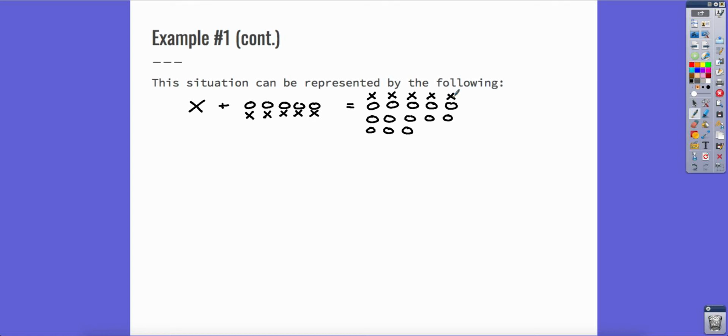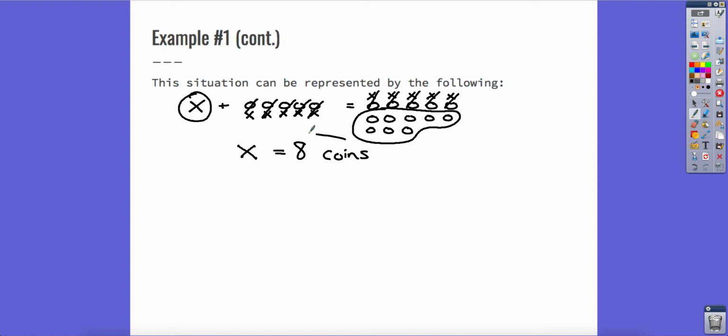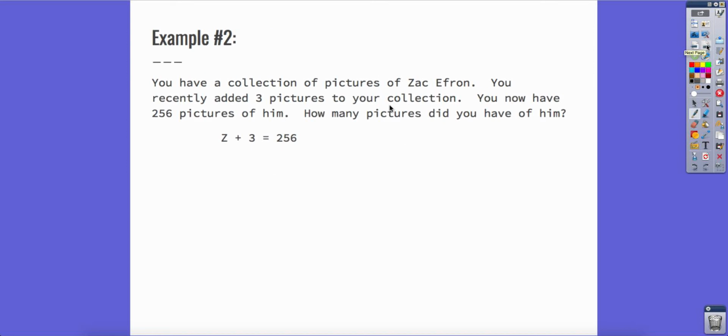This is my number of coins, and I'm going to put that down here. It's what's left. These 5 cancel, and right here are the coins that are left. I can count those up. I've got 1, 2, 3, 4, 5, 6, 7, 8 coins. So that's a visual of how this works.